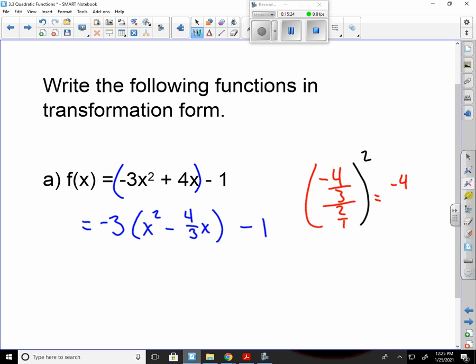So this is going to be negative 4 over 3 times 1 over 2. I'm still squaring it. Negative 4 times 1 is negative 4. 3 times 2 is 6. Negative 4 over 6 reduces to negative 2/3. And now when I square that, it gives me a positive 4/9.